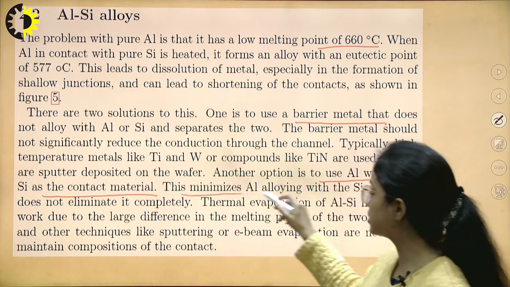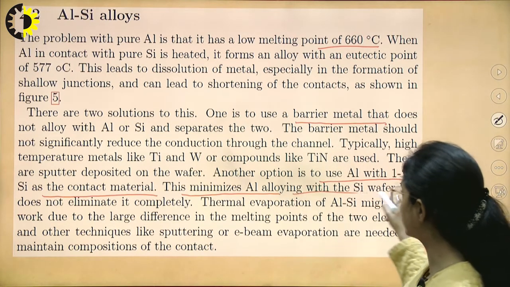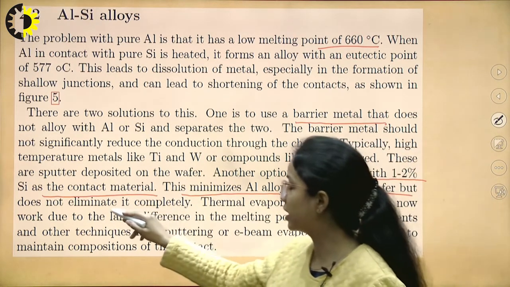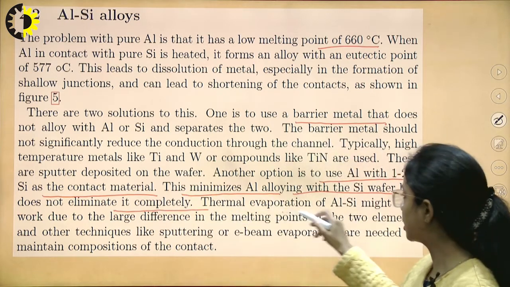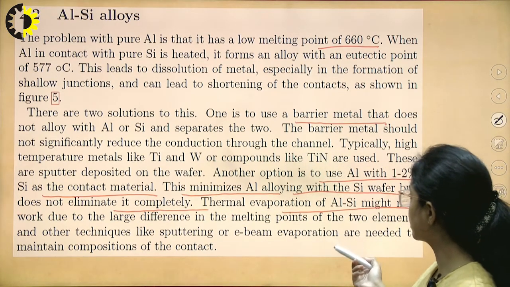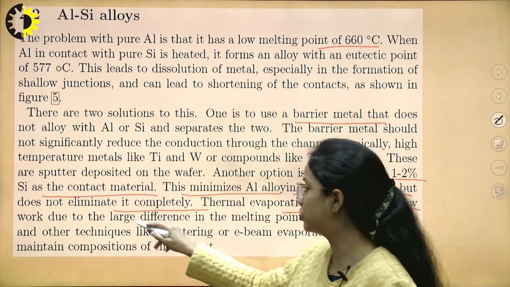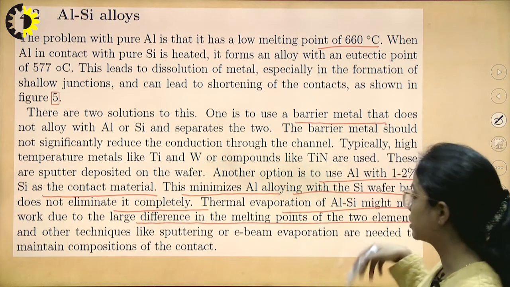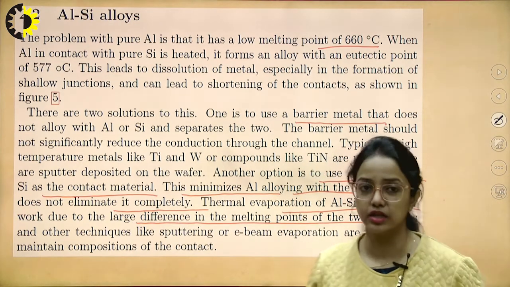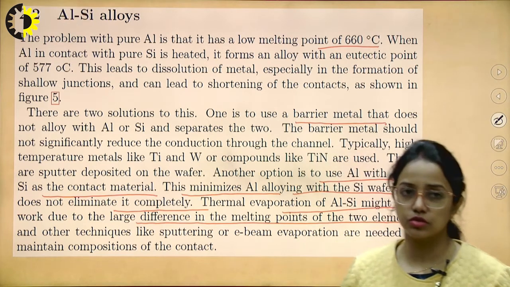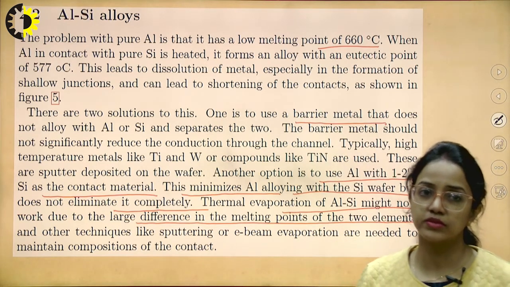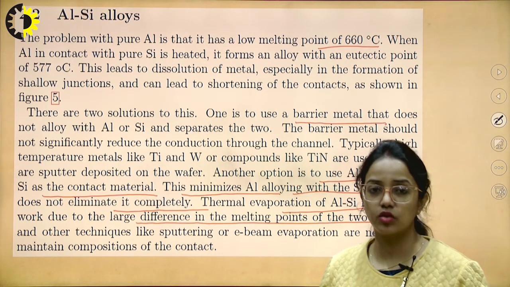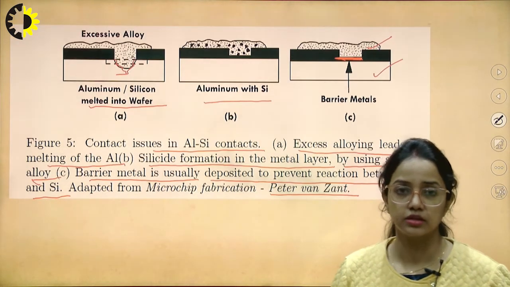This minimizes aluminium alloying with silicon, but it does not eliminate it completely. Thermal evaporation of aluminium silicon might not work due to the large difference in melting points. So to overcome this problem, we can either go for silicides or we can use barrier layers.